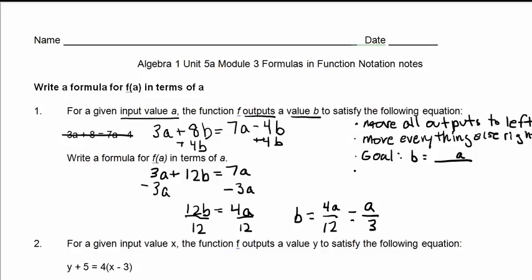Now there's one more step we're going to do here. The problem says write a formula for f of a in terms of a. It doesn't say write a formula for b in terms of a. It just says write a formula for f of a in terms of a. So what is f of a? F of a is another word for your output.